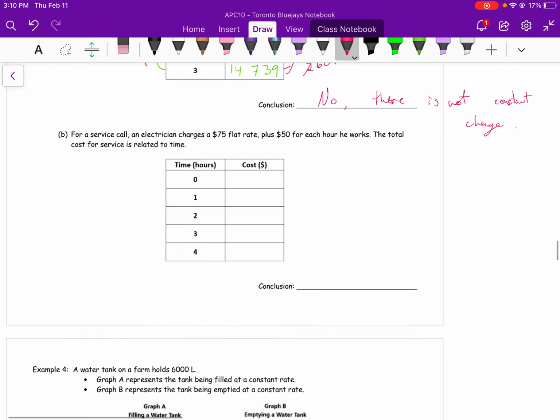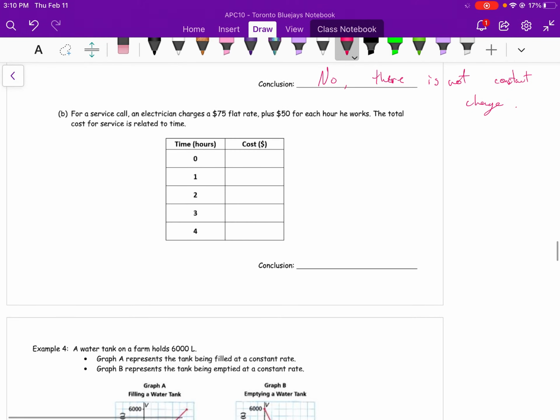However, let's go on to the next one. For a service call, an electrician charges $75 for a flat rate, plus $50 for every hour that he works. The total cost for the service is related to the time. So after 0 hours, in other words, he shows up at the door, the electrician is charging you $75.